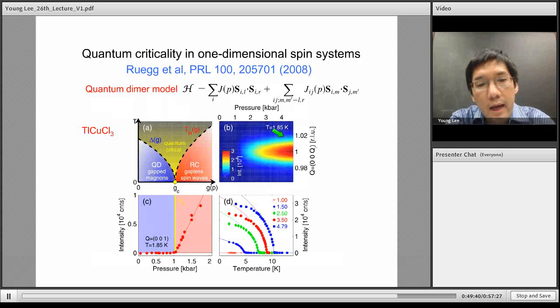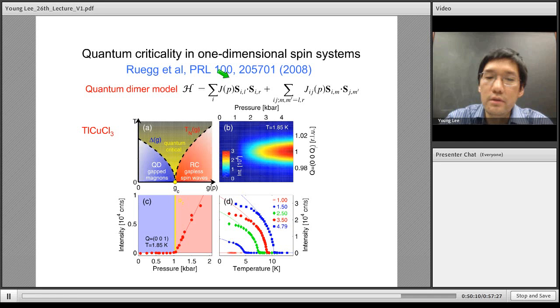Okay. Another example of a one-dimensional system that, again, is more theoretically tractable is having dimers. So you have a quantum dimer model. Here's the spin Hamiltonian, where you have pairs of spins that are coupled together in a dimer.